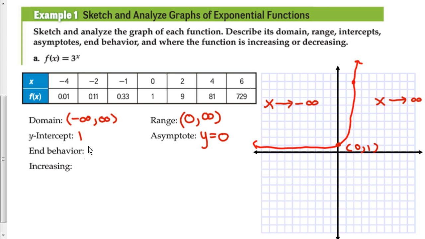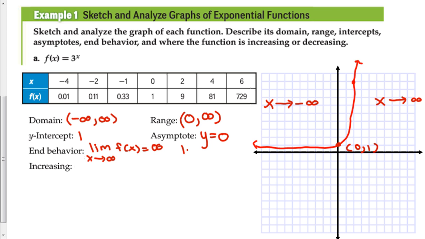So when I write my limit, I'm going to write the limit as x approaches positive infinity of f of x. So this is saying on the right side of my graph, what is my y value doing? So starting at 0, looking at the right side of my graph, my y values are going up, up, up, up forever, which means positive infinity.